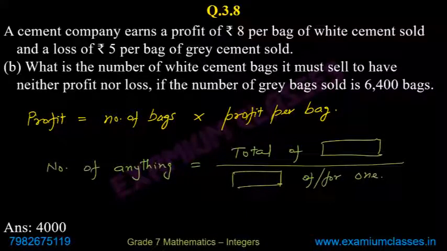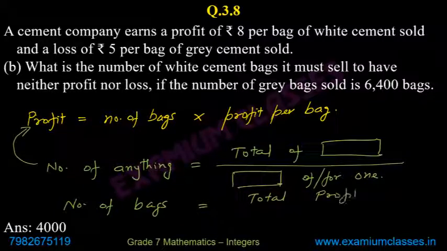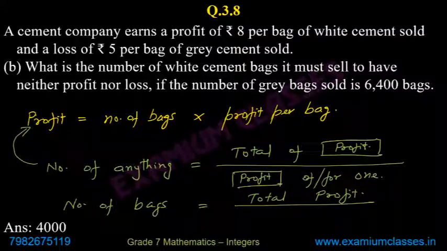Now I'm mapping this to this formula. I'm saying number of bags will be equal to total profit. So here, this thing is profit in this case. So I'm writing profit, the same thing here, divided by profit for one.